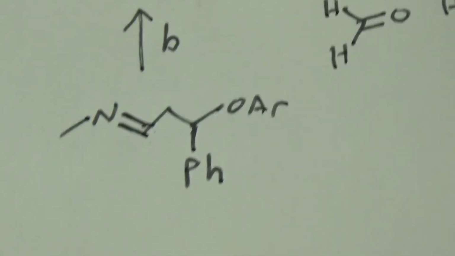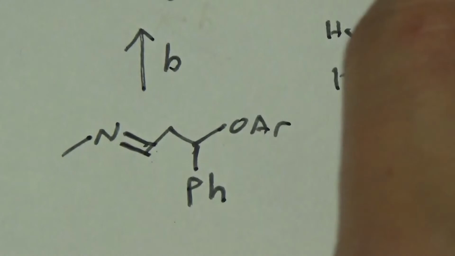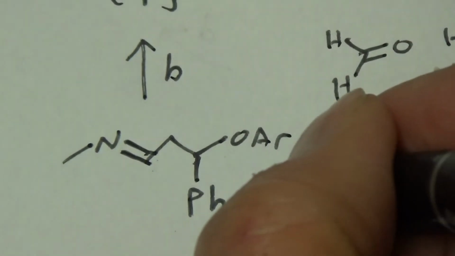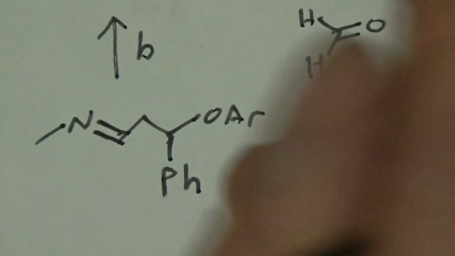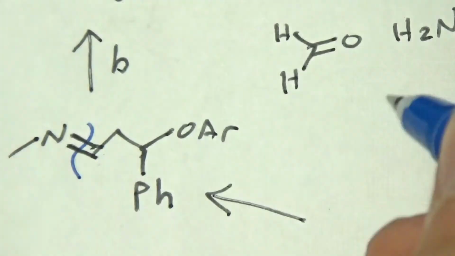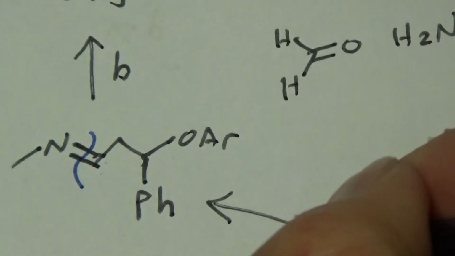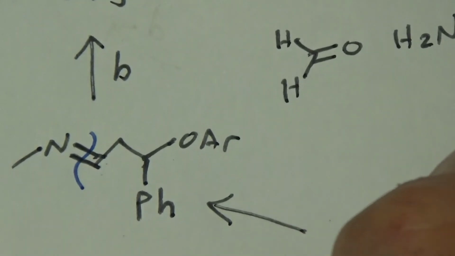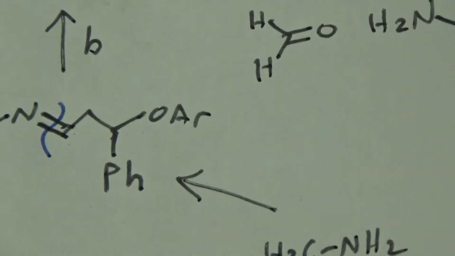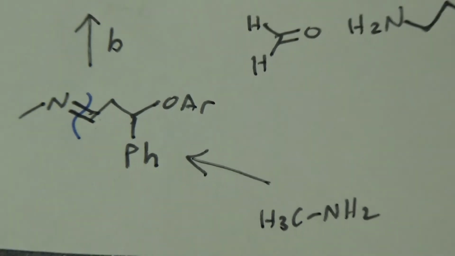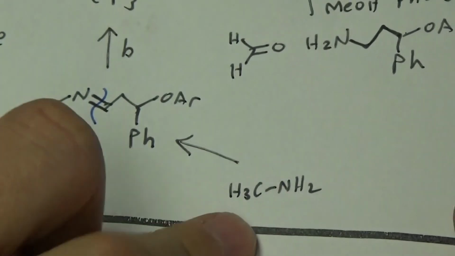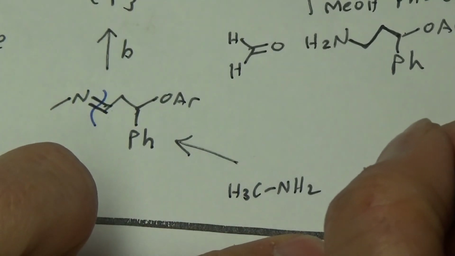Okay, so we can make this and draw the little squiggly line from methylamine, a one carbon amine, and then the aldehyde.